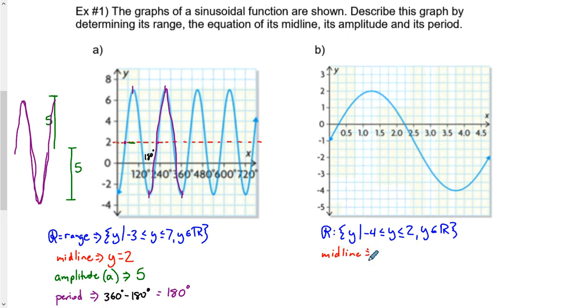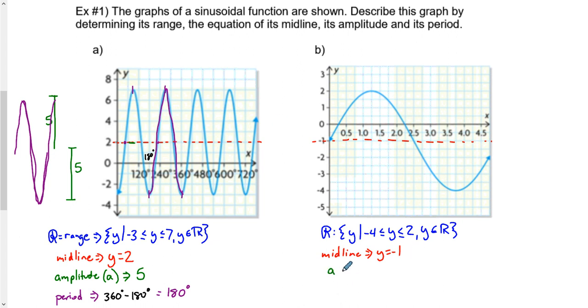Our midline is what is halfway in between our minimum and our maximum. Well, halfway in between -4 and +2 is -1. So y equals -1 is our midline.